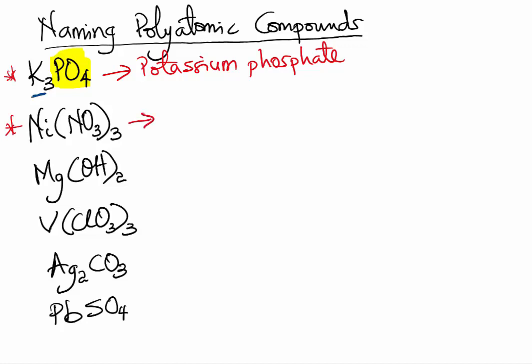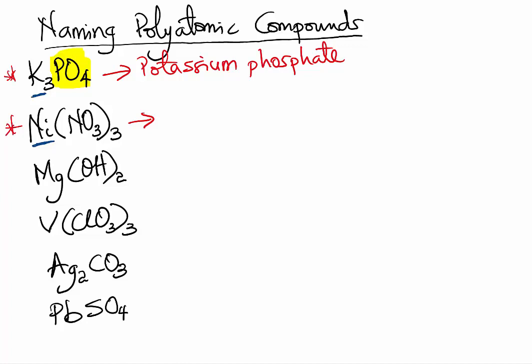The metal in this next compound is nickel. If you look at the periodic table, nickel is a transition metal, which means we will need to figure out what charge it specifically carries.